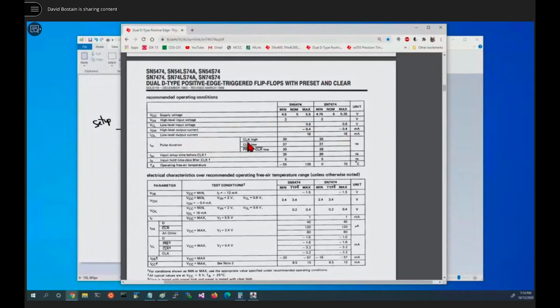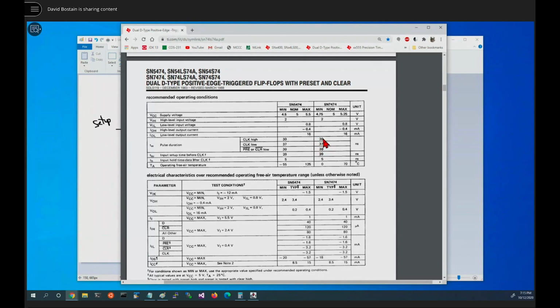The clock must be high for at least 30 nanoseconds. The clock must remain low for at least 37. So this sets some outside limits on the clock speed I can use.